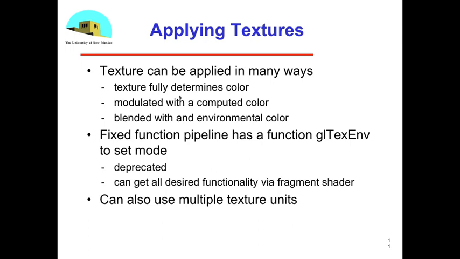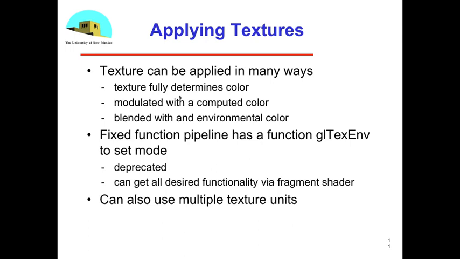More realistically, you might want to modulate it with a color that you computed, for example, by lighting, and that's a nice option. You just send all the same parameters over to your shaders and compute the color from lighting, and then combine it with the color from the texture. You can also combine in certain circumstances.